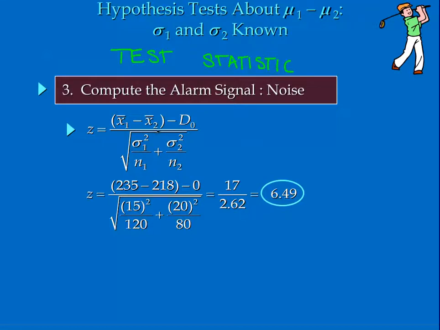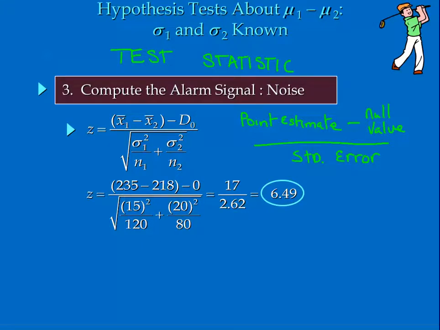The general structure is the point estimate minus the expected value under the null hypothesis, which I'm going to call the null value, which is to say, under the null hypothesis, what value are you expecting roughly? And this is all over the standard error.